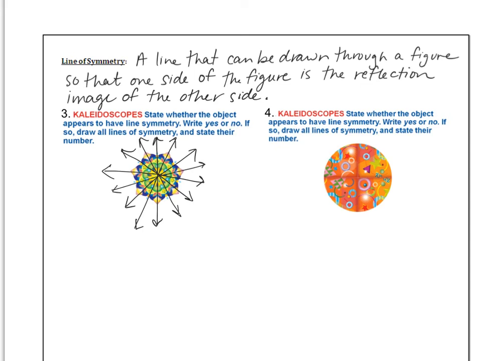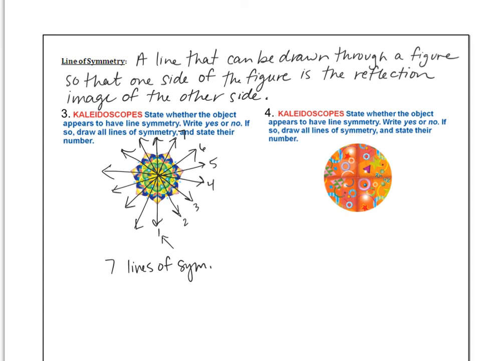I think I got them all. And so now if I count them, this is 1, 2, 3, 4, 5, 6, 7. And when I get to this top part, if I go down below, I've already counted it. So I think this had 7 lines of symmetry.